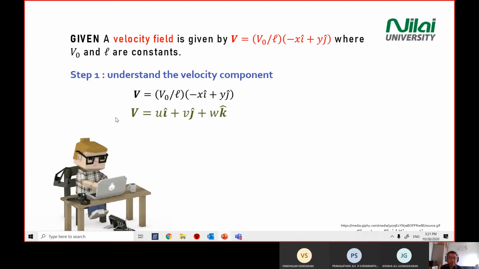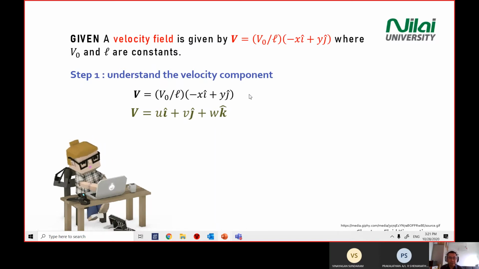So this is the general form. And then you compare this general form to the equation given in the question. So in this question, we only have I and J. If a bonus mark question asks what is the magnitude of your Z component, it means 0, because we don't have a Z component here.